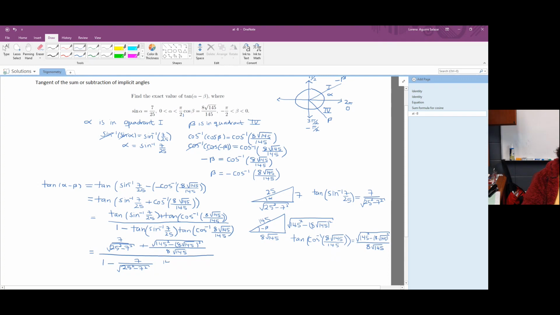So there's 145 squared and then minus 8 square root of 145 squared, and then under the root, with 8 root of 145 as the denominator.